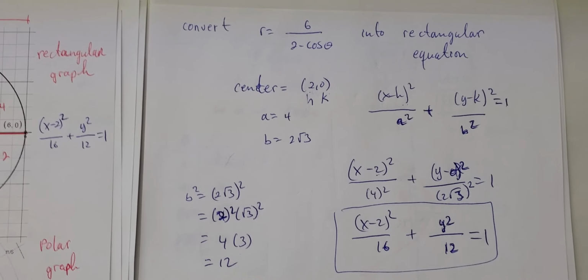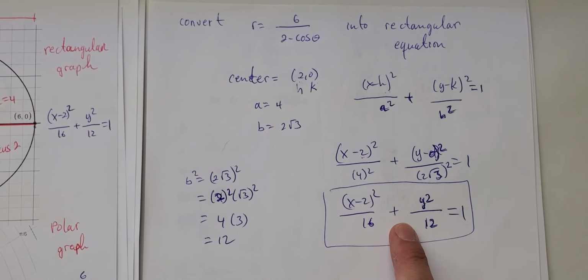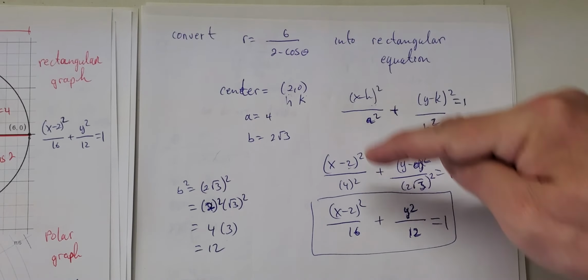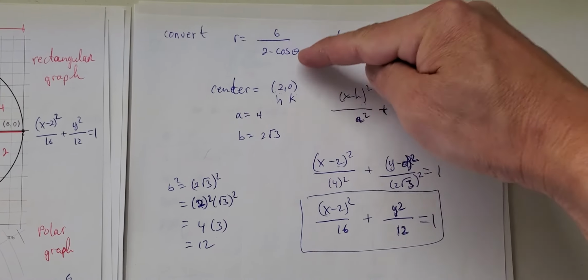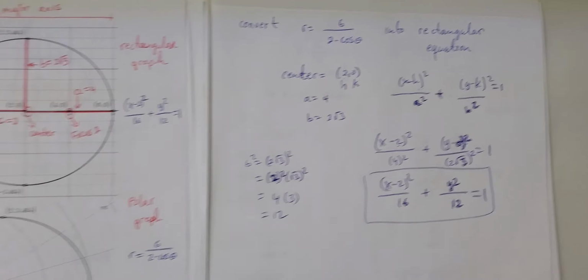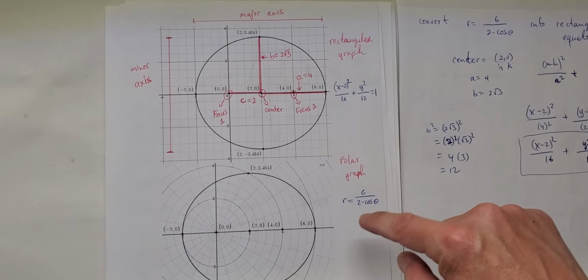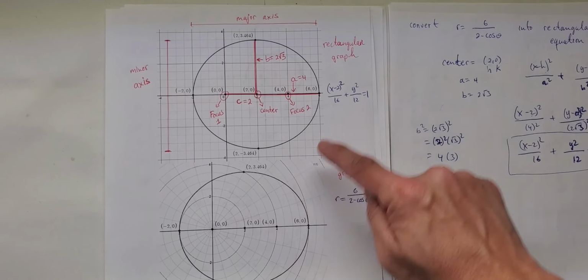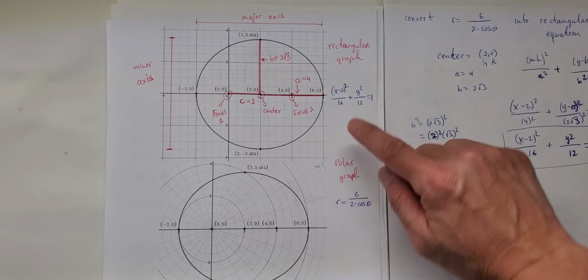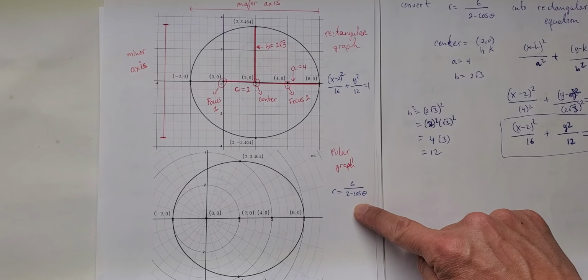This equation is in rectangular form. Both of these equations are the same graph, just written in different formats, just like what I have here in the graph. One of them is in rectangular, the other is in polar.